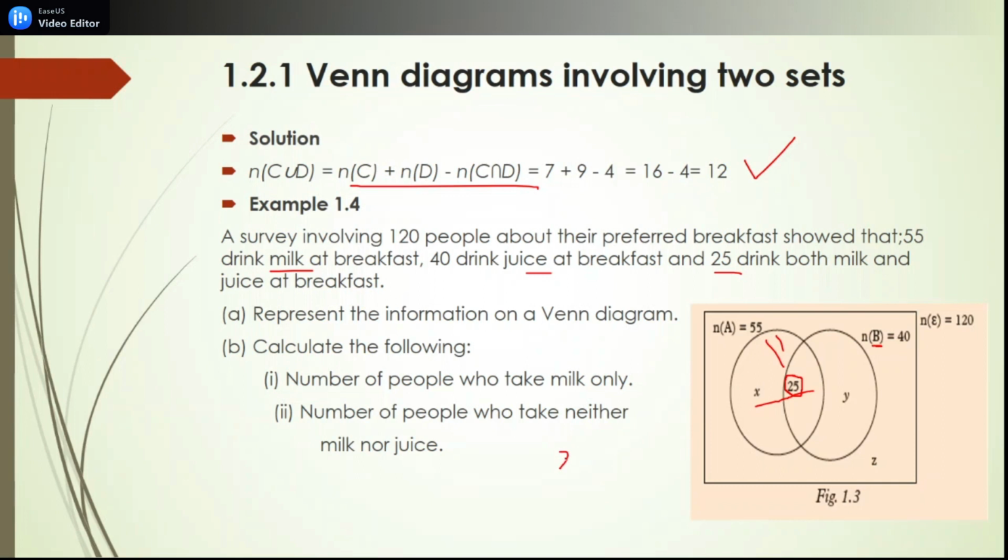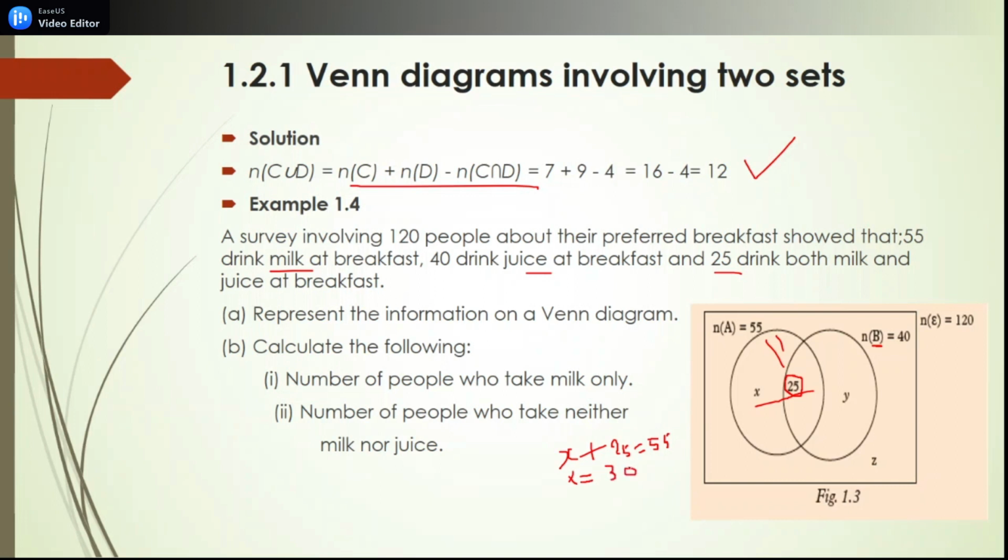You have X plus 25 equals 55. By solving this simple equation, you get X equal to 30.